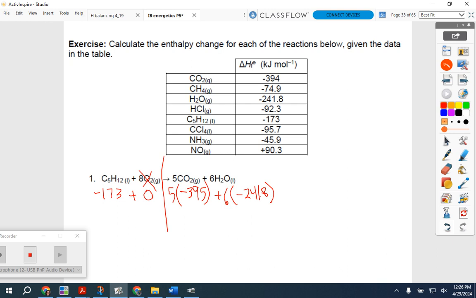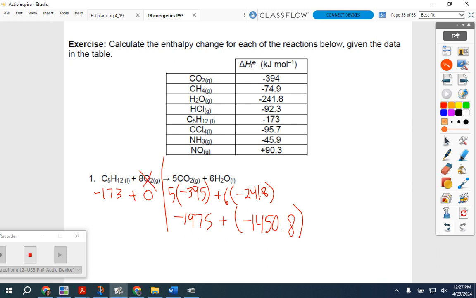So if I punch this in, 394 times 5, that's going to be negative 1975. And I'm going to add my 241.8 times 6. That's going to be negative 1450.8.